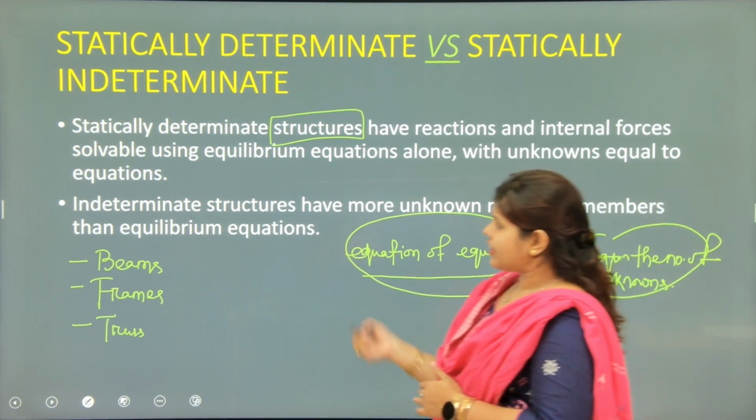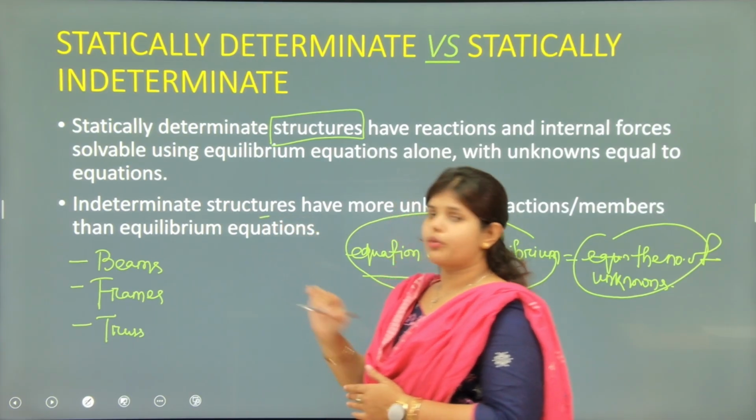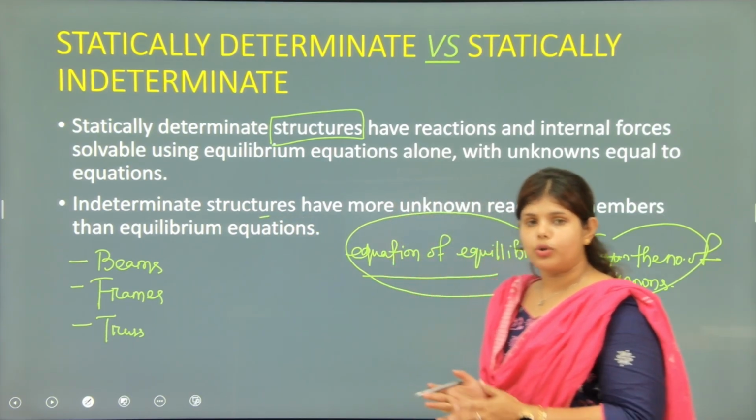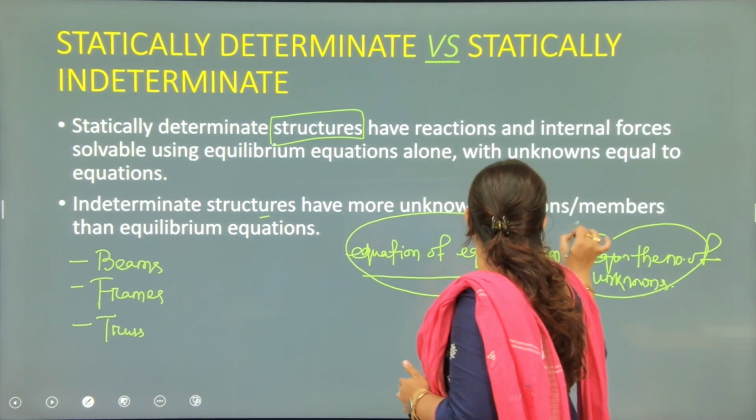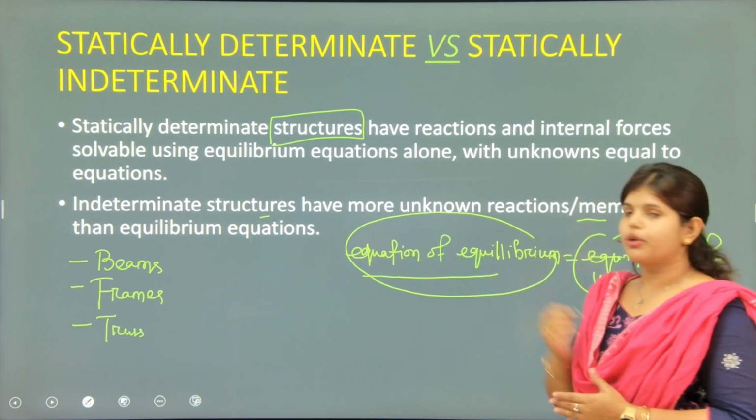So here it says that indeterminate structures have more unknown reactions than the number of equilibrium equations.